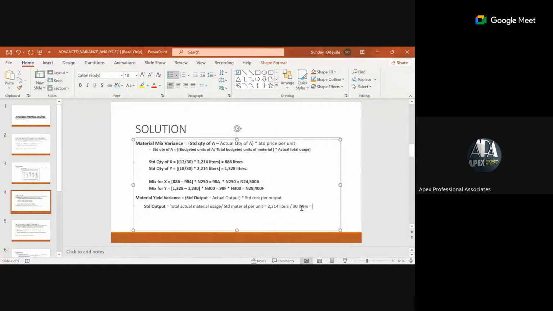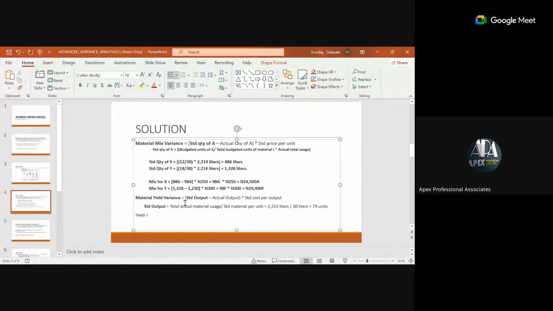Now how many units are we supposed to get? 74. So we were supposed to get 74 units to get 74 units based on that. So therefore, we will come down to now see our yield.